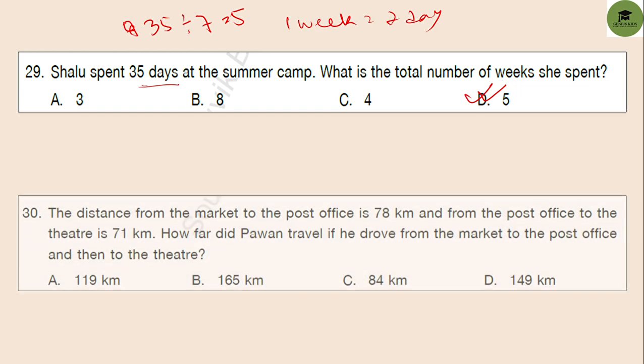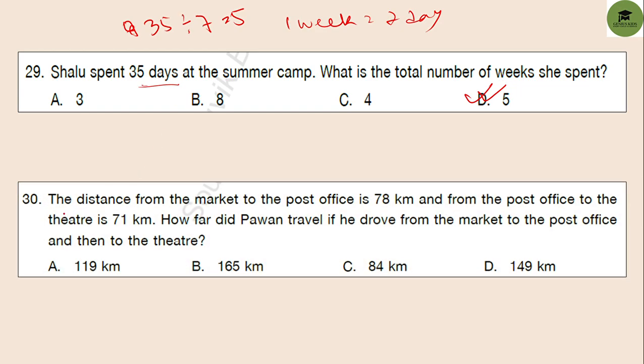Okay. Last question of this section. The distance from the market to the post office is 78 kilometers. And from the post office to the theater, it is 71 kilometers.